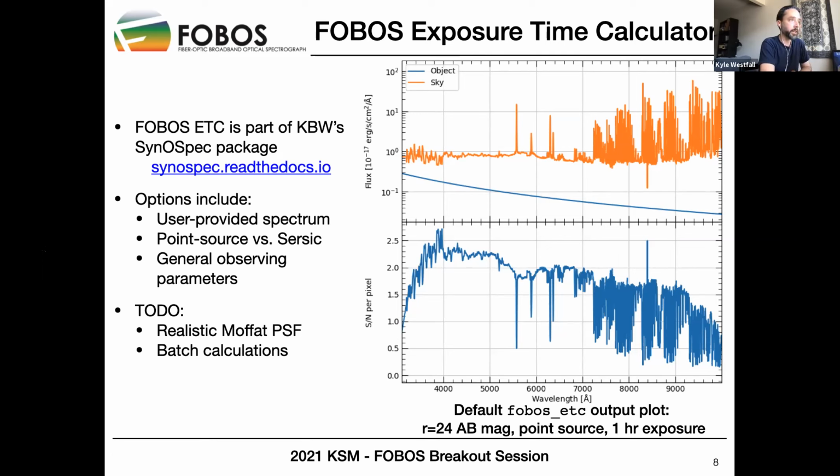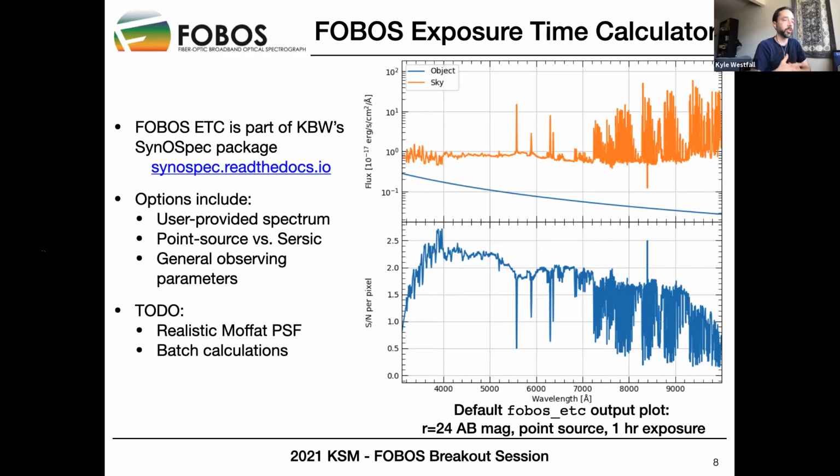The plot to the right is just a default output from the exposure time calculator. So if you just call it without any options, this is what it gives you. The top panel shows the sky spectrum in orange, and then the object spectrum in blue. Here it's just a constant AB magnitude spectrum, so that's why it looks like just a single line. And then the bottom panel shows what by default is given as the signal to noise per pixel as a function of wavelength in a 1-hour exposure.